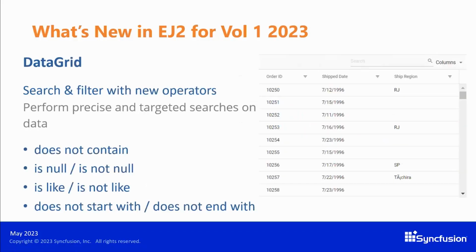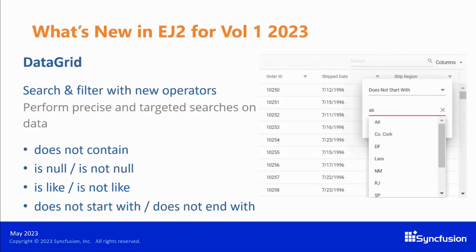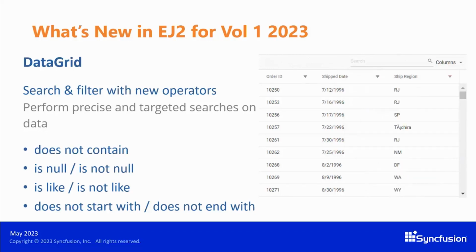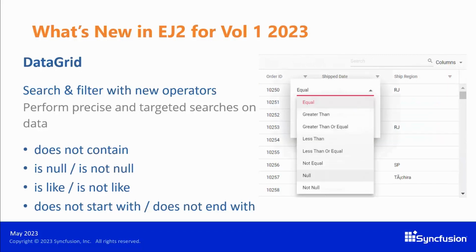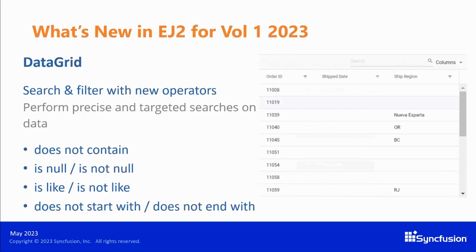And next to the data grid component, some new operators have been introduced in the search and filter UI. So already you might have used the default operators like equal, greater than or equal, like that.